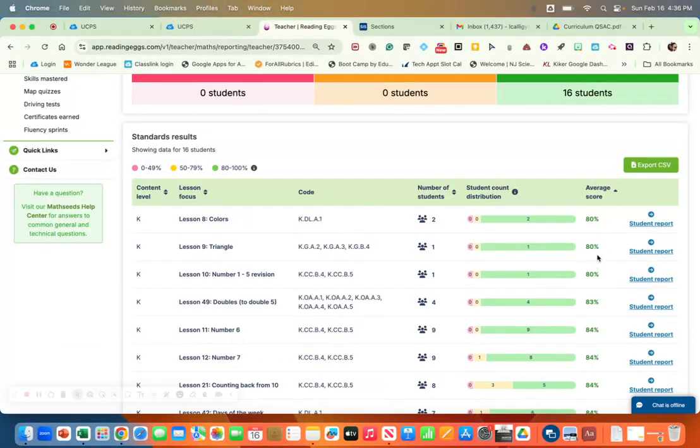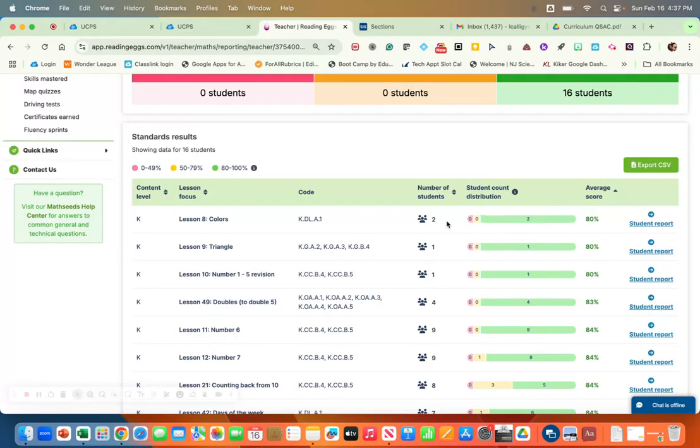Now, it looks like the average score for the lessons here, the content level and the lessons which coincide with the standard, starting from the beginning lesson, students are doing quite well.